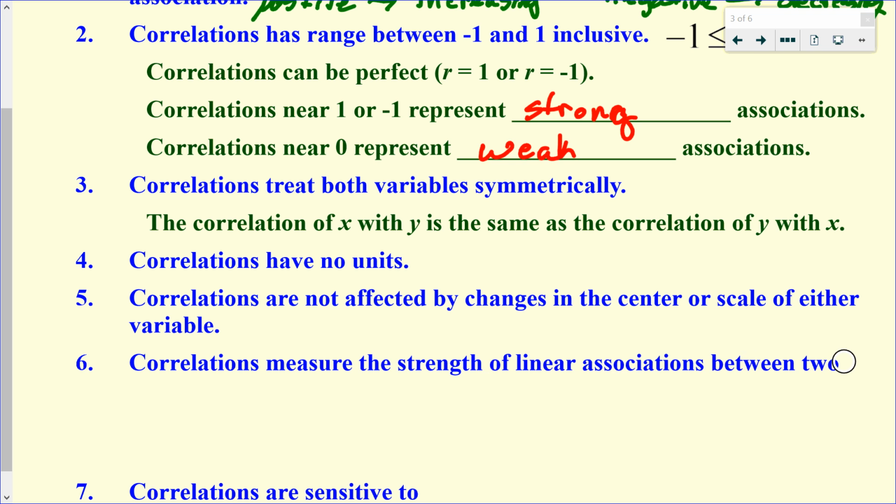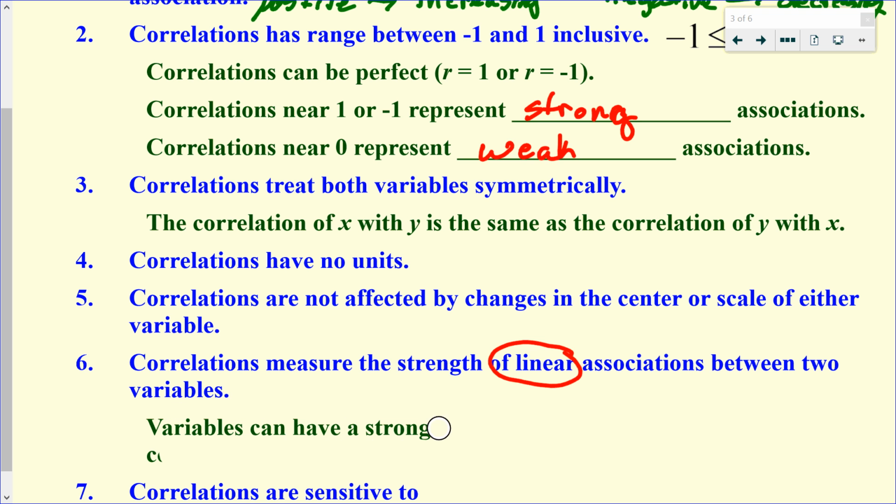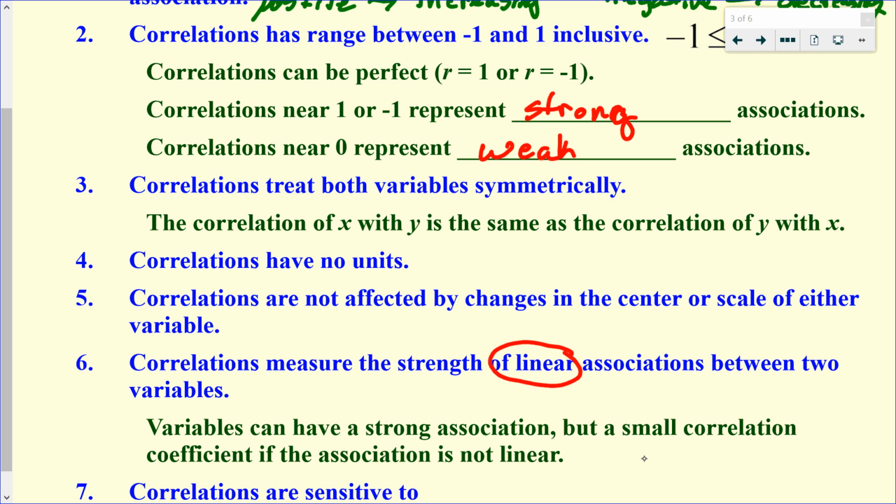Remember, and this is where we've got to be crucial, they affect the strength of linear associations. Linear associations. So, as I mentioned before, variables can have strong associations, but small correlation coefficients if the association is not linear.